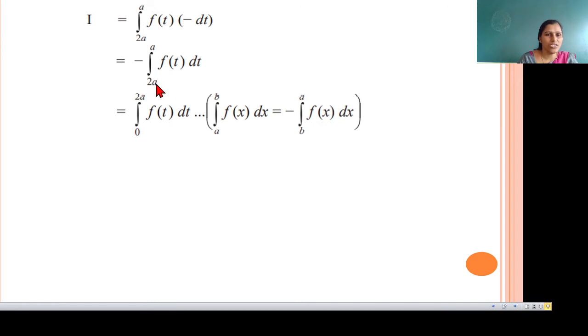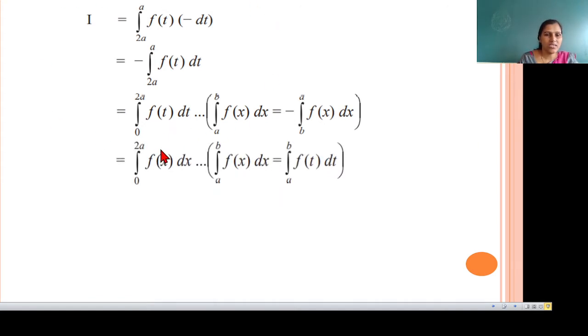So we have changed the limits to integral a to 2a f of t dt, and this is the same as integral a to 2a f of x dx. Again, we use our previous property, that is integral a to b f of x dx is equal to integral a to b f of t dt.